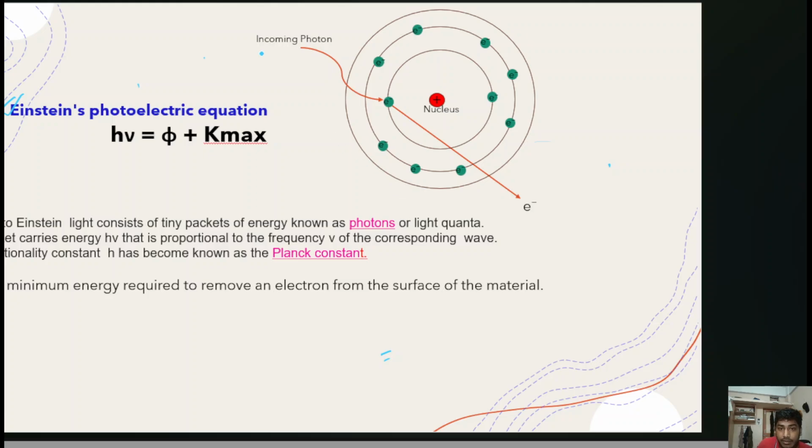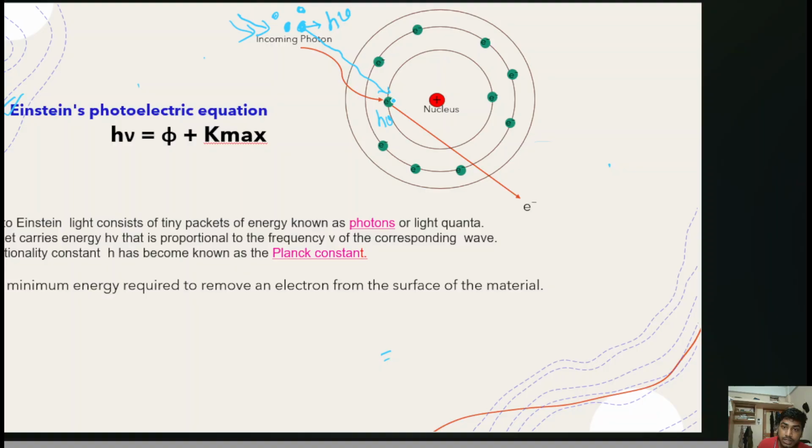Here you can see on the diagram that the incident lights are coming, and according to Einstein, they are tiny packets of energy. This one is one packet, this one is another packet. One packet is called a photon, which has energy h nu. One photon is incident on only one electron and interacts with it, transferring the energy h nu.